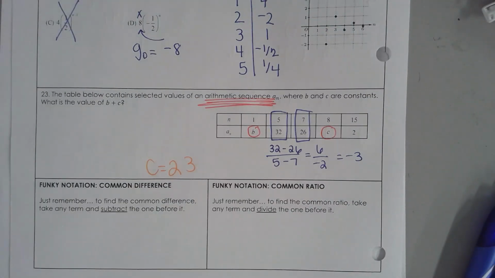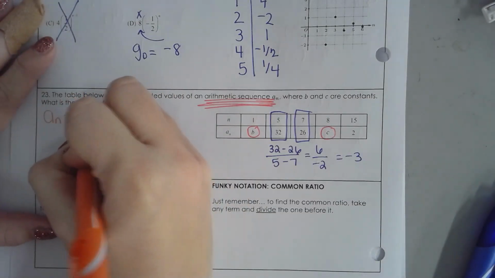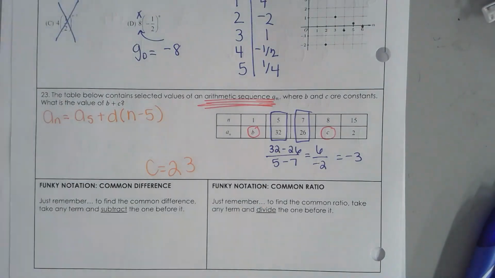You could also do it with the formula. If this is an arithmetic sequence, I know that a_n is the same thing as a_5 plus d times n minus 5. You could just count backwards. But I could use that information to find a_1.